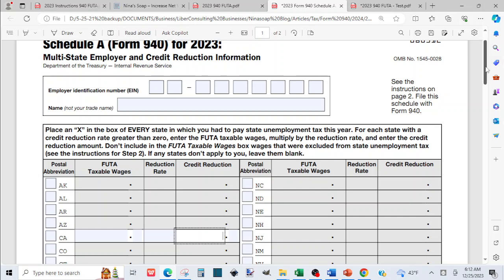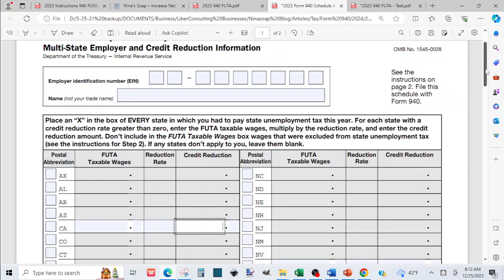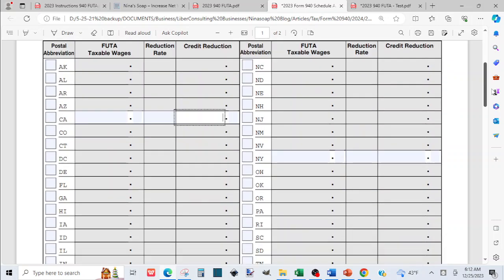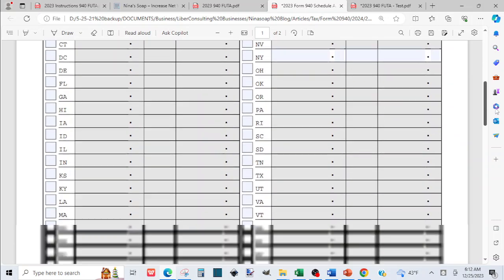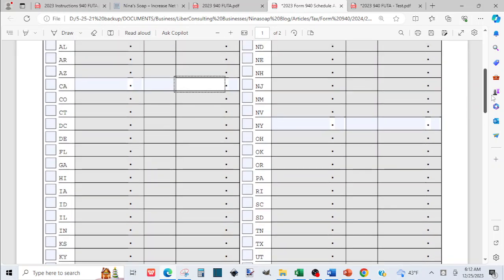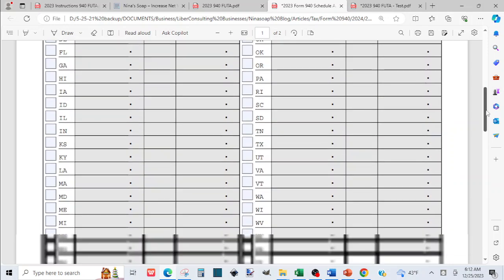But again, for credit reduction, the IRS determines what states are subject to credit reduction. On this form, I think there might be more than two, but so far we found California and New York. You can see that you can enter data there. It's now gray.